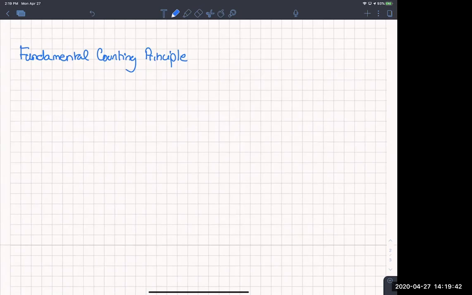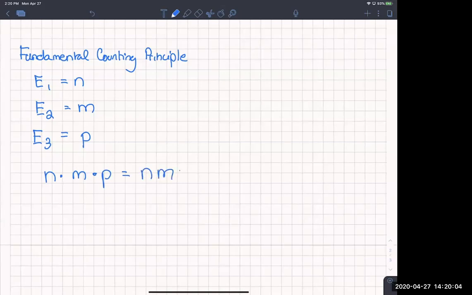So let's say you have one event that can be done n ways, another event that can be done m ways, and another event that can be done p ways. The total number of combinations is the multiplication of the number of ways each event can be done. So n times m times p.